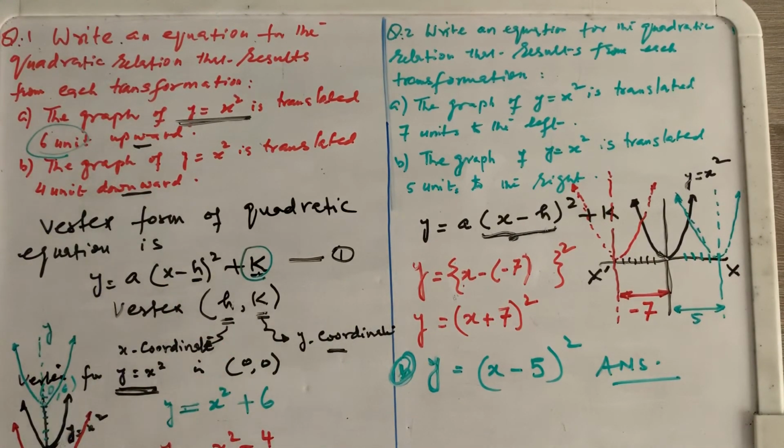Up and down is always the y-axis. Left and right is the x-axis, right? So you can have those equations if it is translated up and down or left and right. And it is very easy to write the equation for the parabola if it is known how many units it is translated to the left and right. For left and right the h value is involved, and for up and down the k value is involved.